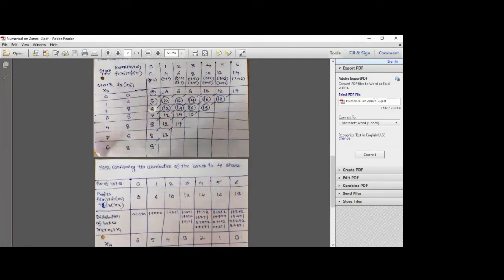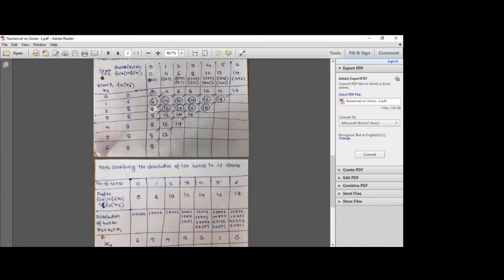For this 16, it will be 1 plus 3 plus 1, the other combination. Next, for this 16, it will be 2 plus 1 plus 2, and it is 2 plus 2 plus 1.